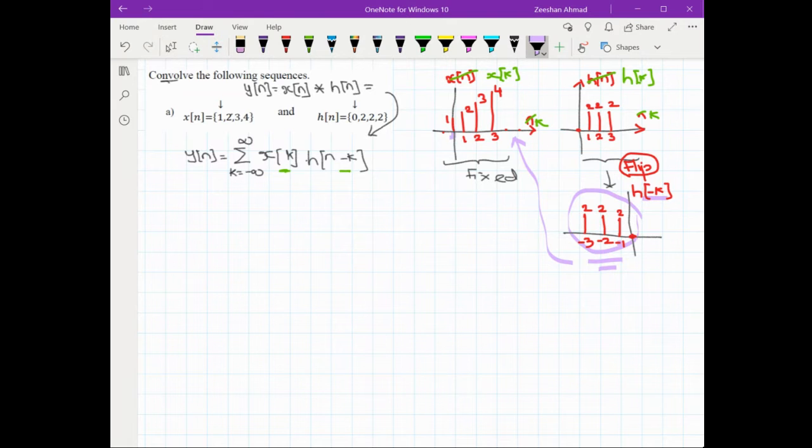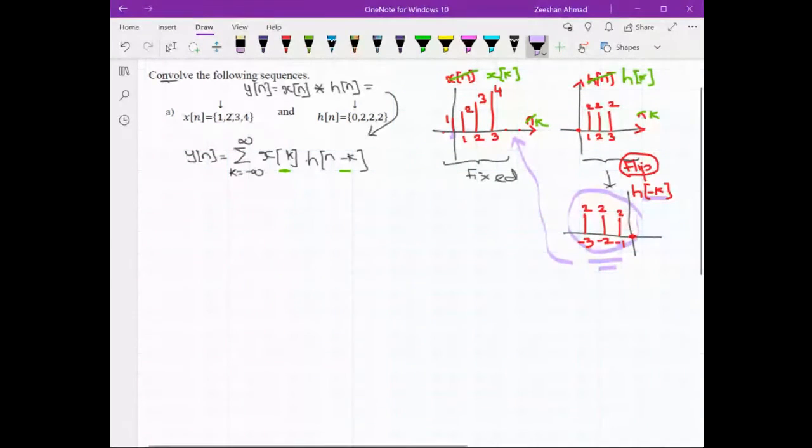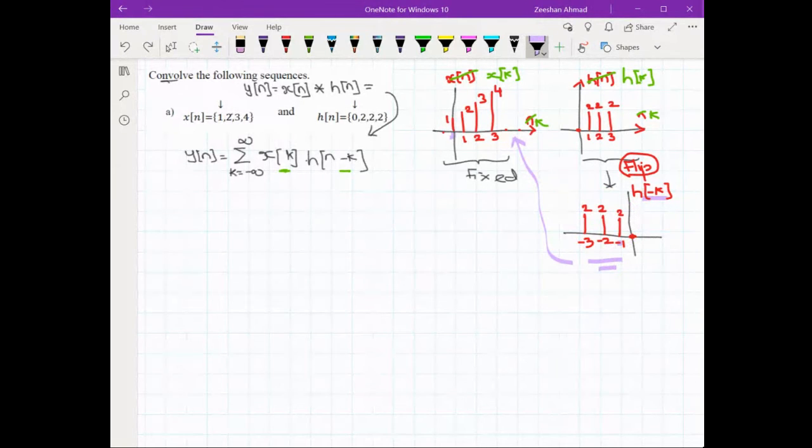And obviously 0 here is 0. When I put it here, it will make everything 0 here. Let me show you here. At n equal to 0 here. Let's suppose I'm assuming the value of n equal to 0.